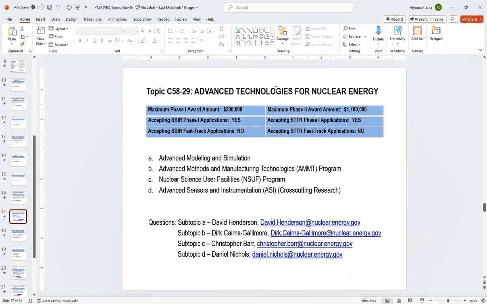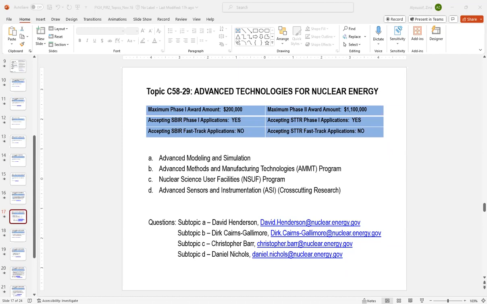This topic area also includes developing advanced control systems. What we'd like to see, if applicants pursue that avenue of this subtopic, is really describing what sort of problem they're solving with that control system they're developing, how it's integrated into controls, instruments, actuators, and basically what is the end use case.